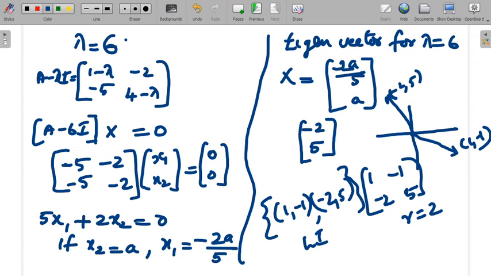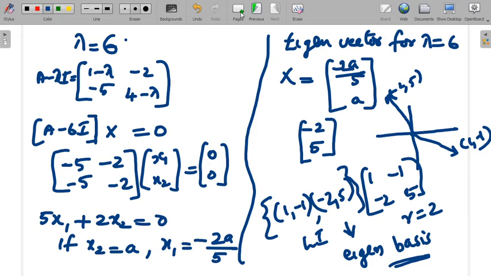So this is a basis of R2 and we call this an eigenbasis, a basis consisting of eigenvectors. So if A is a 2 by 2 matrix, if you pick the eigenvectors corresponding to distinct eigenvalues, you can form a basis of R2, and that is called an eigenbasis.